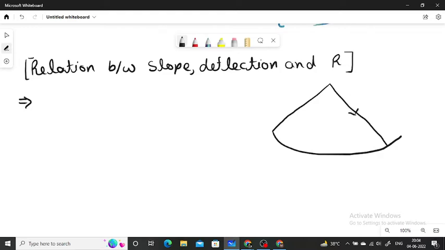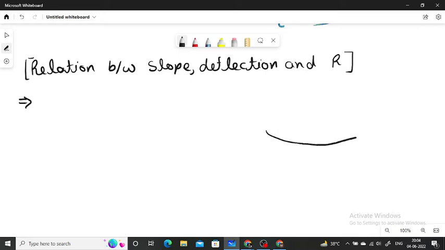Okay, radius of curvature of beam is r and the deflection of the beam at a point at a distance x from the point A is y, and the radius of curvature of the beam is r.